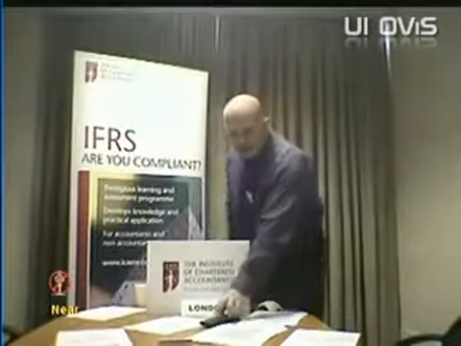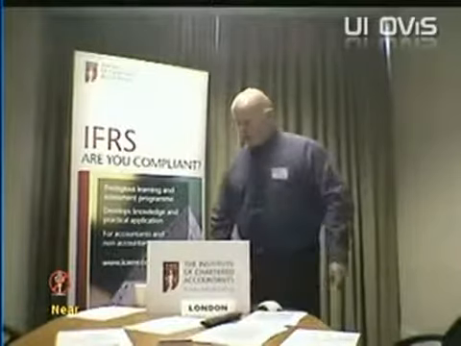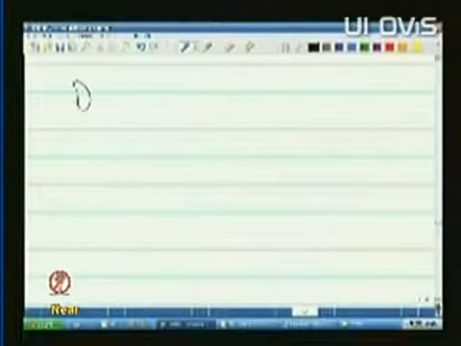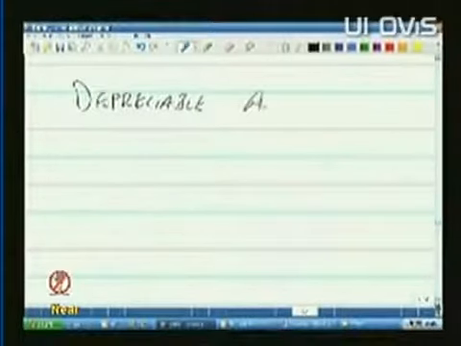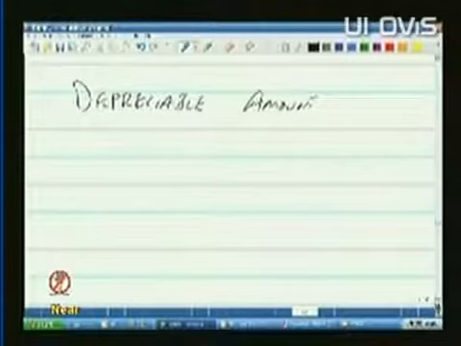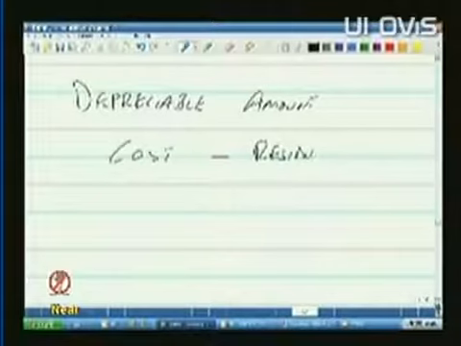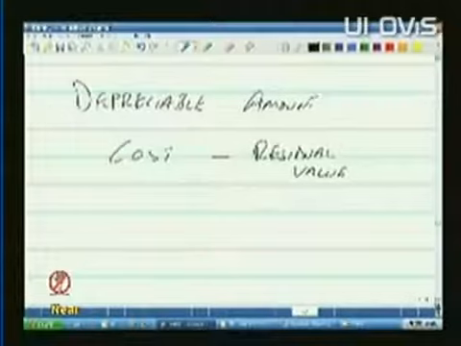Okay. However, there are a couple of very easy mistakes that people have a tendency to make when dealing with straight line depreciation. The thing to remember is that you are depreciating the depreciable amount. You're not actually depreciating the whole cost of the asset. And the depreciable amount is given to us as cost minus residual value.